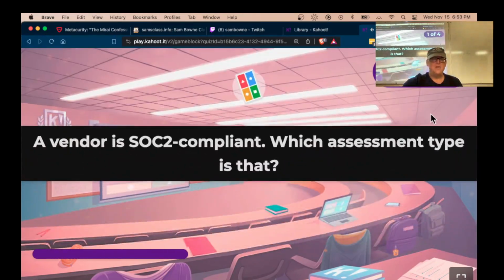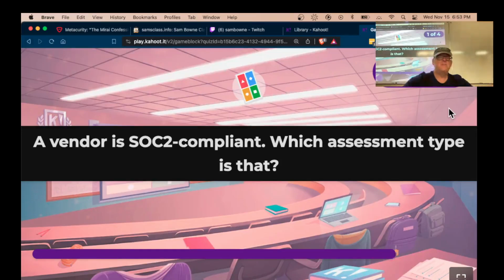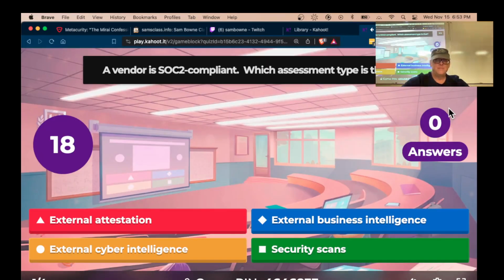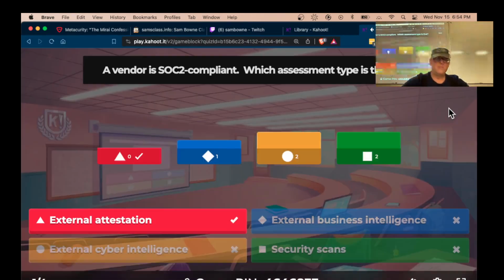All right, so a vendor is SOC 2 compliant. What kind of assessment is that? That's an external attestation. That means you meet a certain objective standard from the outside. That's what all these compliance standards are for, and it makes it much easier for companies.